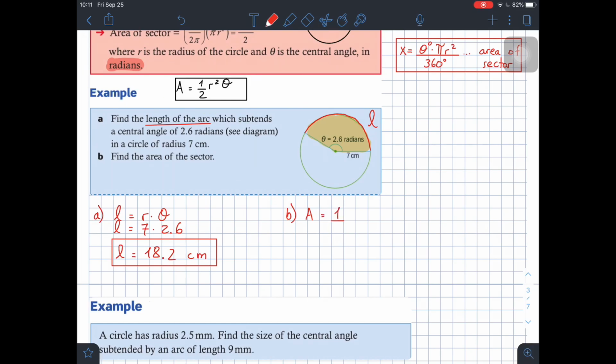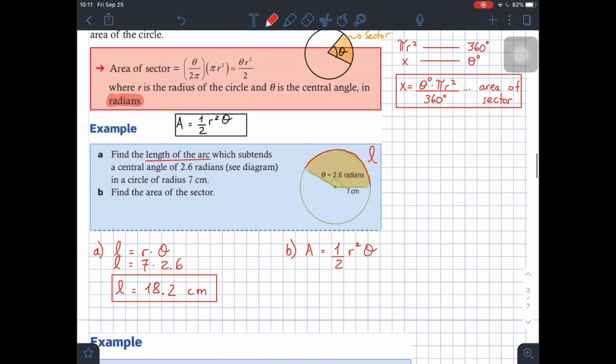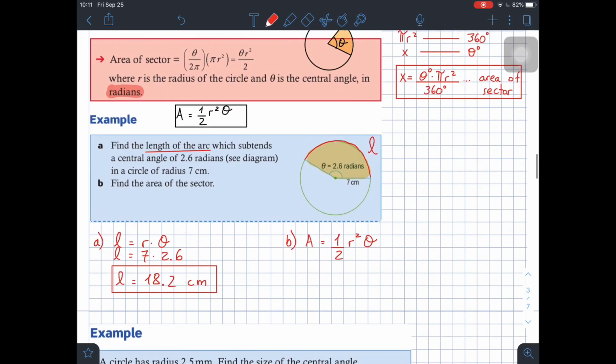Area is equal to 1/2 r squared theta, where, again, theta must be in radians. So we can use this because this is already in radians. In case this angle was given in degrees, I would have to convert it to radians first and then use the formula. Or work this way, which I don't really recommend to avoid confusion.